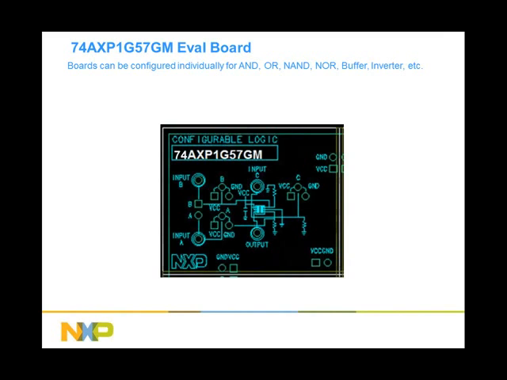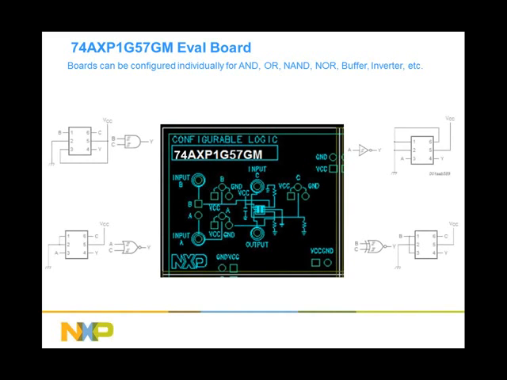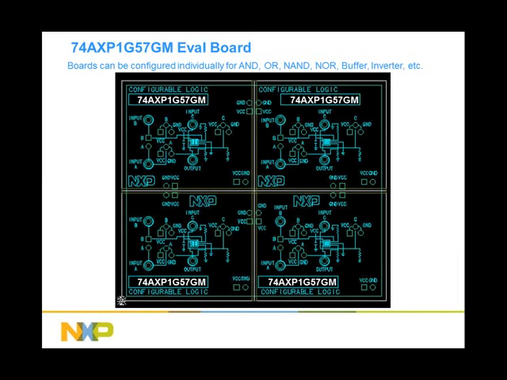Here we have the demo board, and depending on how you connect up the jumpers A, B, and C, you can configure it to perform any one of the 9 functions available from a 1G57 device. The demo board itself comes with 4 quadrants, and the 4 quadrants are identical, so you can configure one quadrant to be an AND gate, another one to be an OR gate or a NOR gate, and a MUX, etc., and then string them together just to check out the performance of the device in your application.